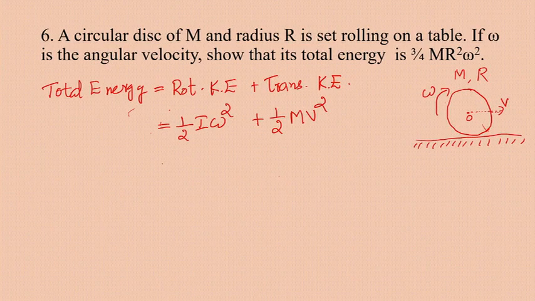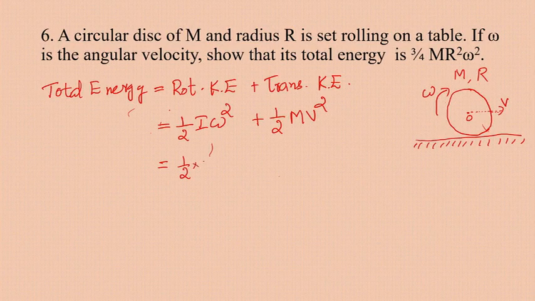In the case of rotational kinetic energy, as the disk is rolling, the disk is rotating about an axis perpendicular to this plane and passing through the center. So the moment of inertia about that axis is m r square by 2.